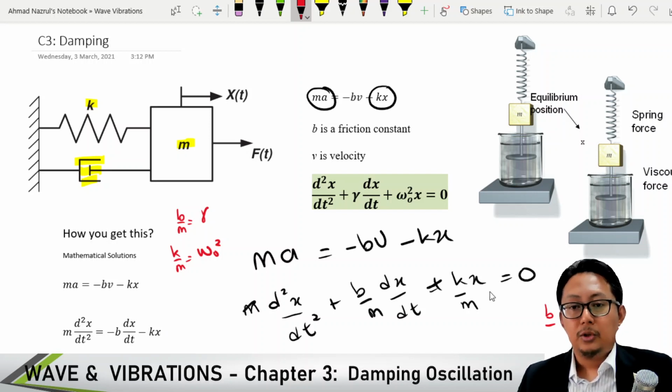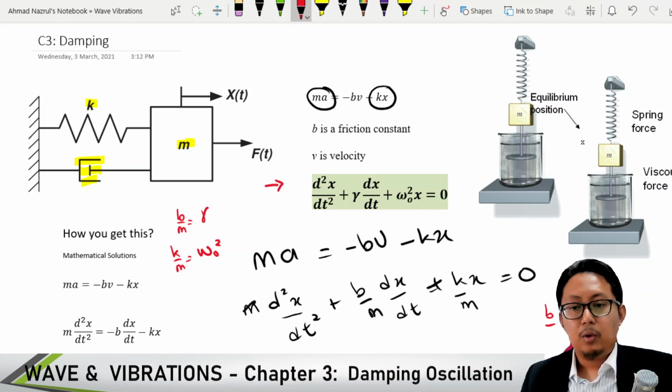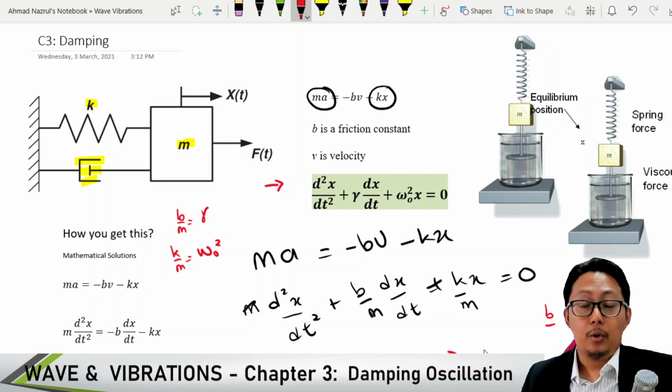So right now, this will be the equation of motion, and what we want to find is the angular frequency, omega, for the damping system.